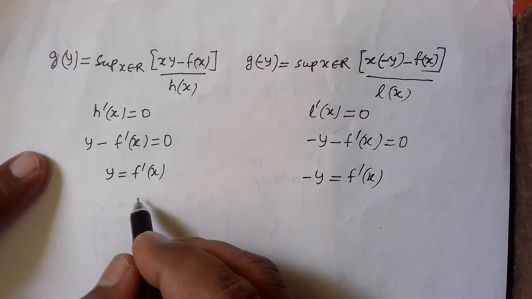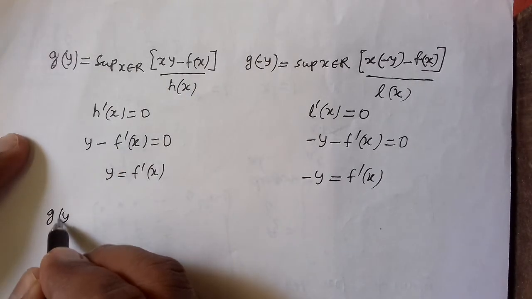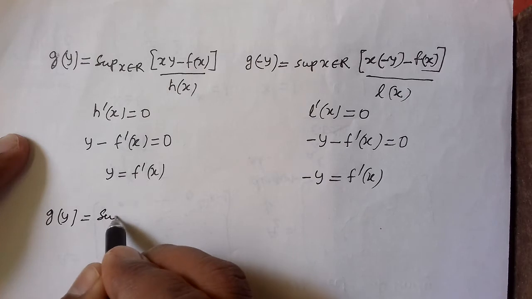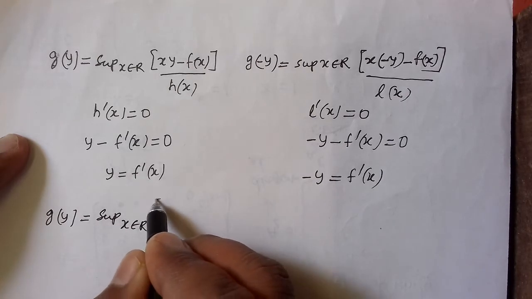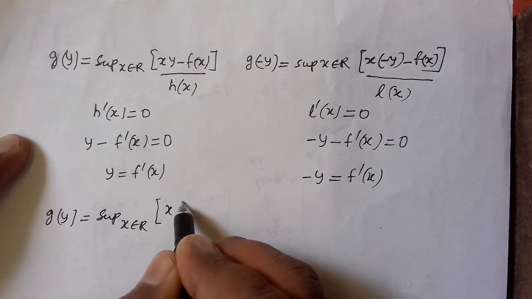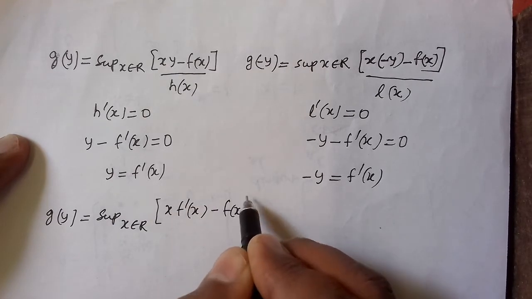Now put this value in this, then you have g(y) equals sup over x belongs to R of x f'(x) minus f(x).